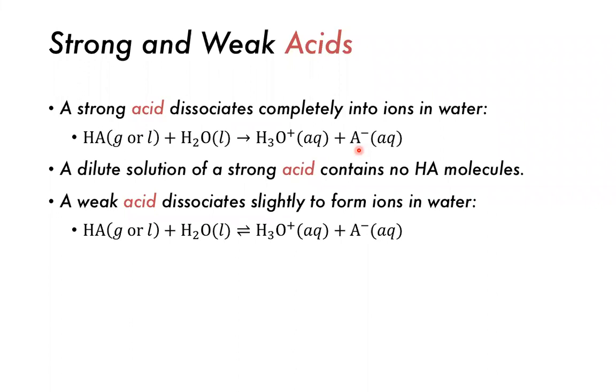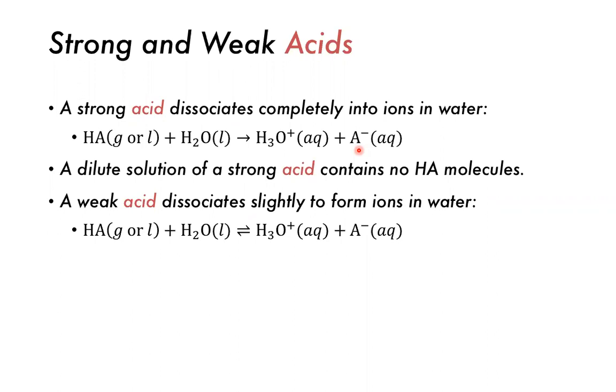The case with a weak acid is different. Only a very small fraction typically actually dissociates into the H3O+ and the A-, which is why they are typically known as weak acids. Now, there are very few strong acids, and the vast majority of acids are weak acids.